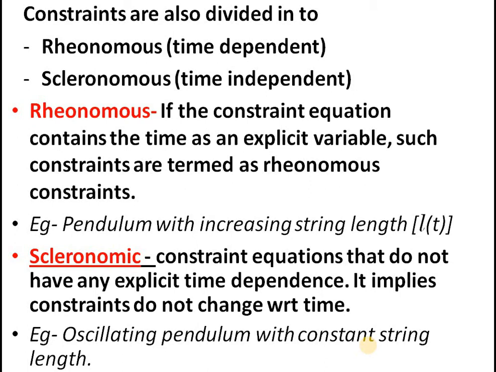If the interparticle distances are changing, for example, a galaxy with all the celestial bodies moving away from each other, you can classify it as a rheonomous constraint, because the distance between the celestial bodies is changing. So that is an example for rheonomous. So the time dependent and time independent factor is used to distinguish rheonomous and scleronomous constraints.